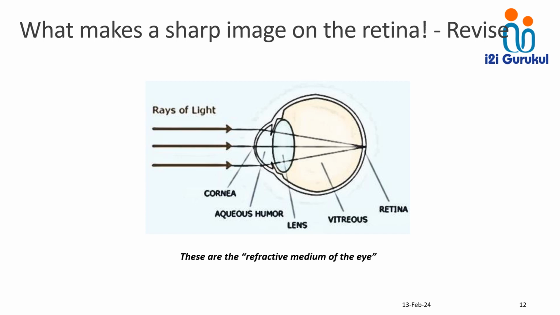Now we'll study how the image forms on the retina. So the question is, what makes a sharp image on the retina? We'll revise quickly. The light from the object enters the eye in the form of light rays, and then the light passes through the tear film, cornea, anterior chamber, pupil, crystalline lens, and then vitreous before arriving at the retina.